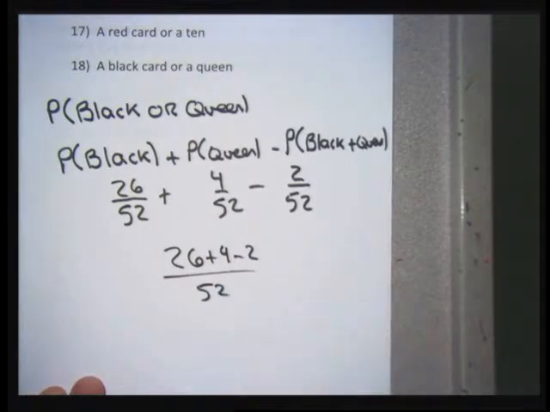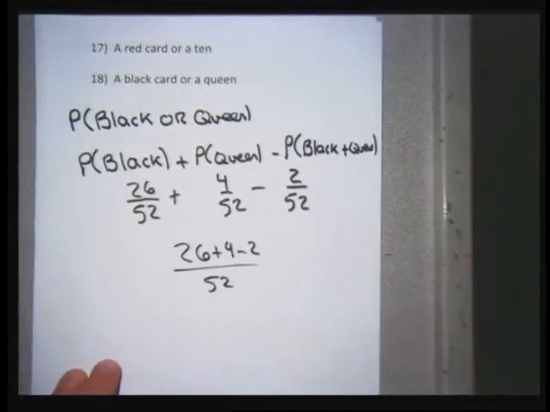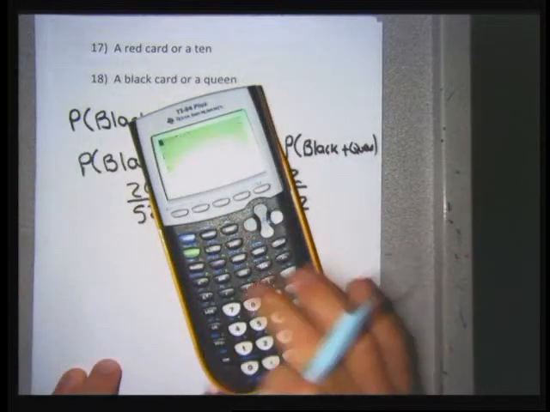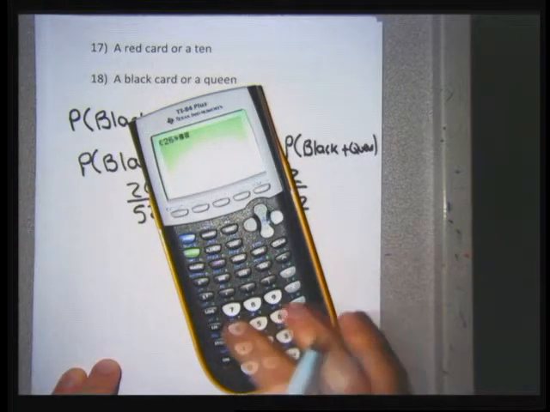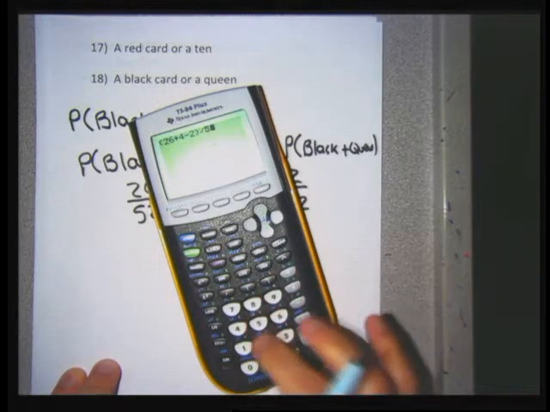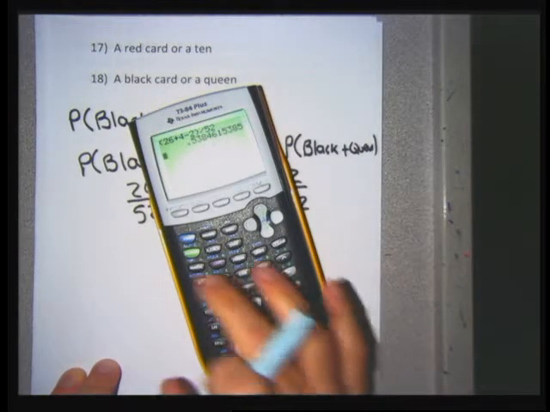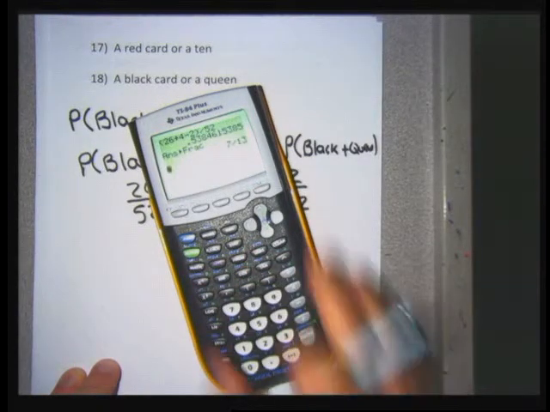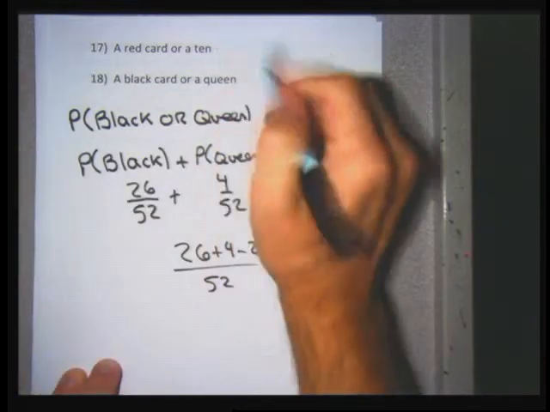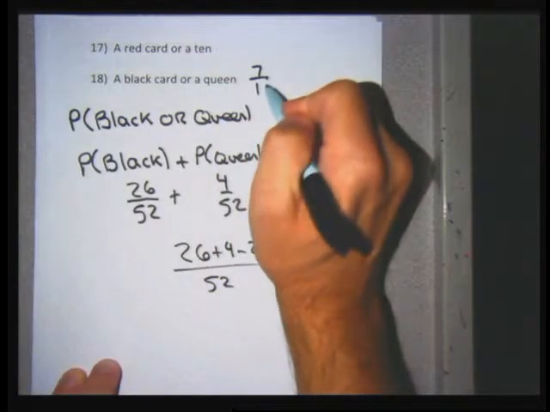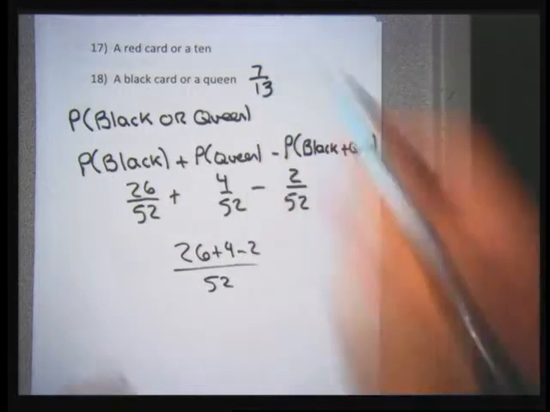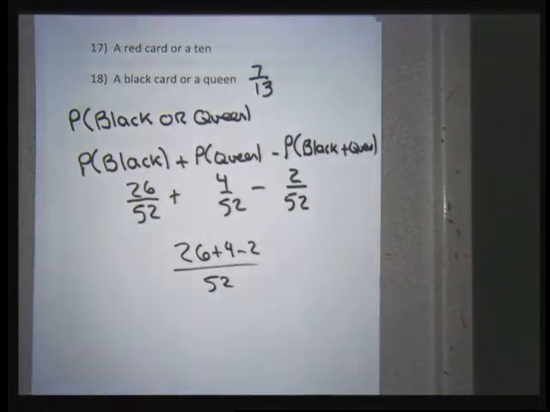Feels like I just did the same probability. And on my calculator now, so clear. 26 plus 4 minus 2 divided by 52. Math, enter, enter, and I get 7 over 13 for problem 18. Your answer should be similar. I think it's exactly going to be the same answer for number 17.